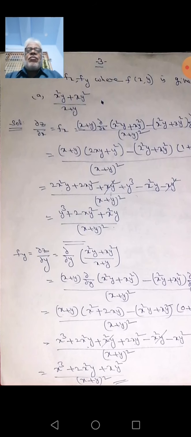So by x plus y we can use the u by v method, because the numerator has xy terms and the denominator also has xy terms.